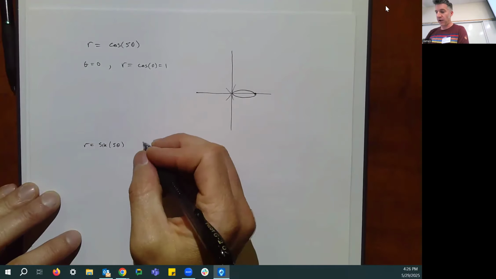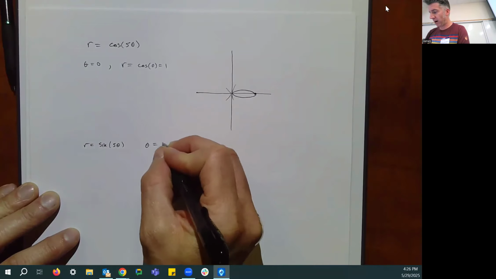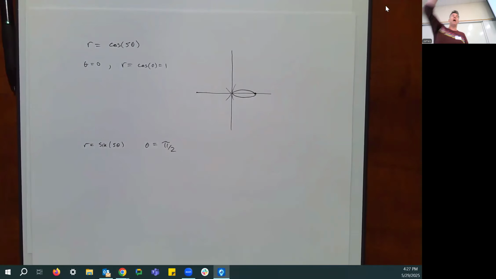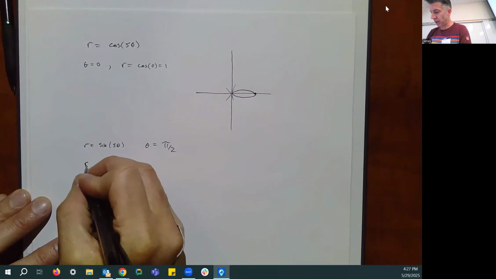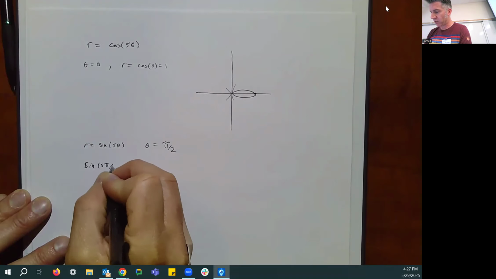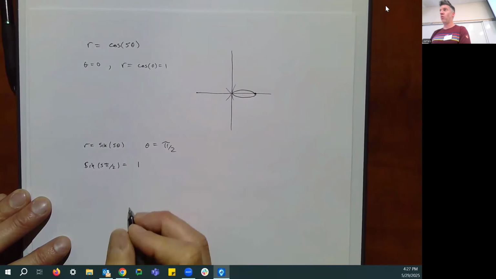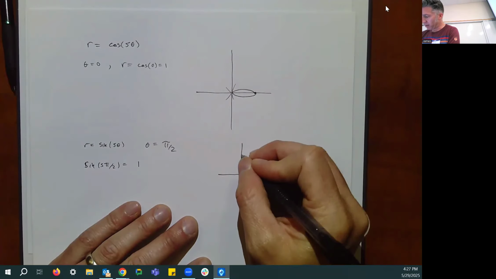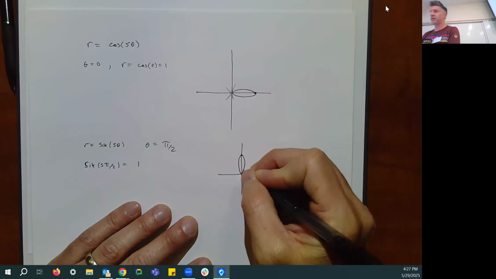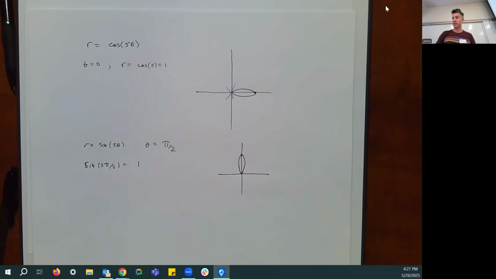On the other hand, if we plug in theta equal to pi over 2, which is in the up direction, sine of 5 pi over 2 is positive 1. So in this example, the sine one has its on-axis petal on the positive y-axis.